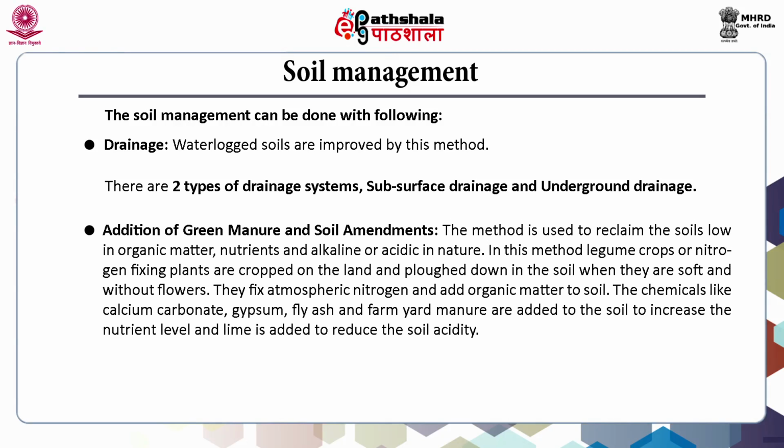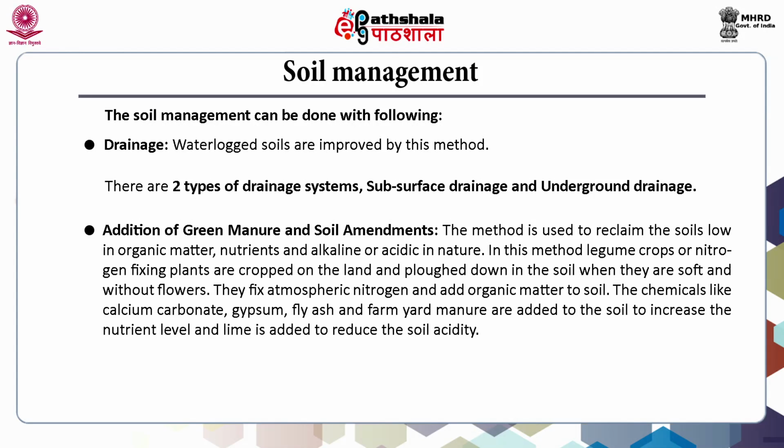Then addition of green manure and soil management. The method is used to reclaim the soils low in organic matter, nutrients and alkaline or acidic in nature. In this method, legume crops or nitrogen fixing plants are cropped on the land and plowed down in the soil when they are soft and without flowers.